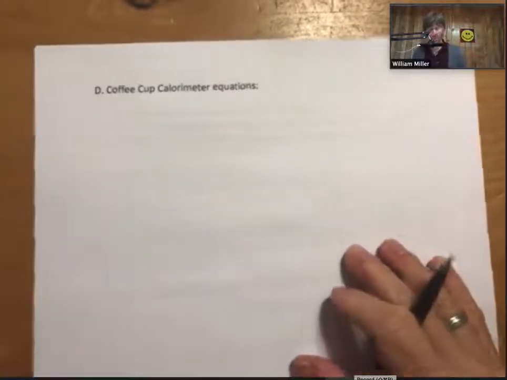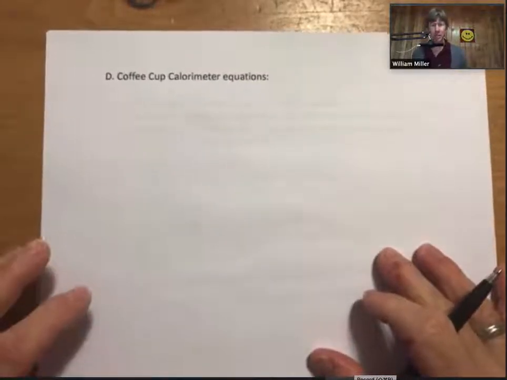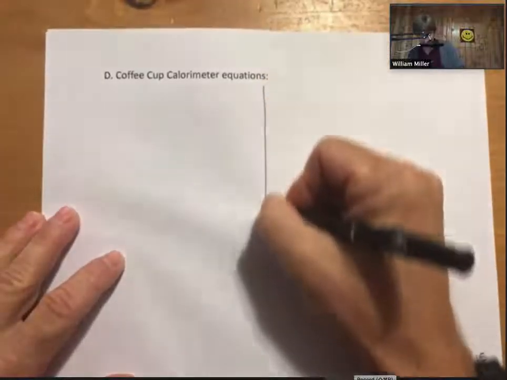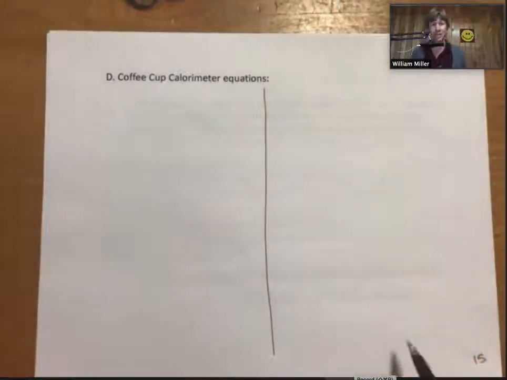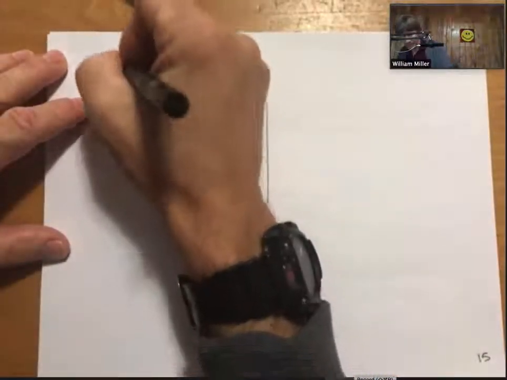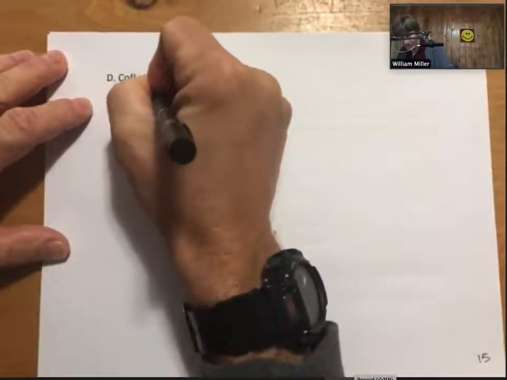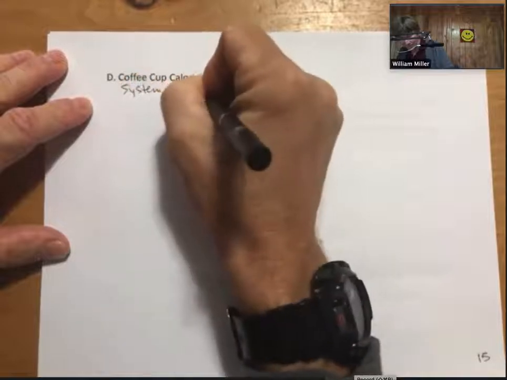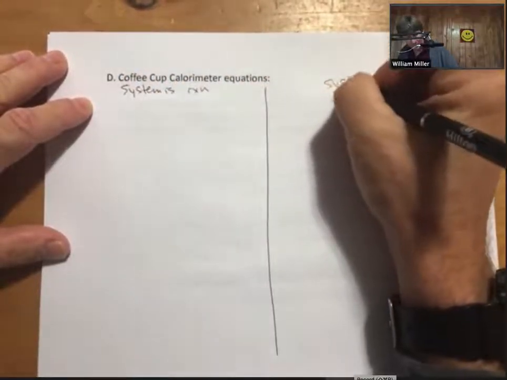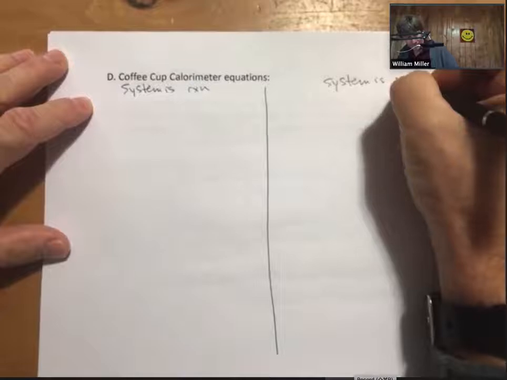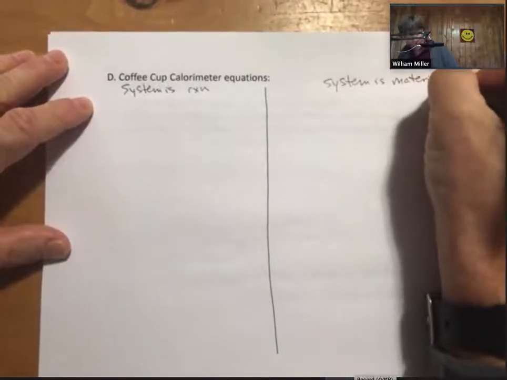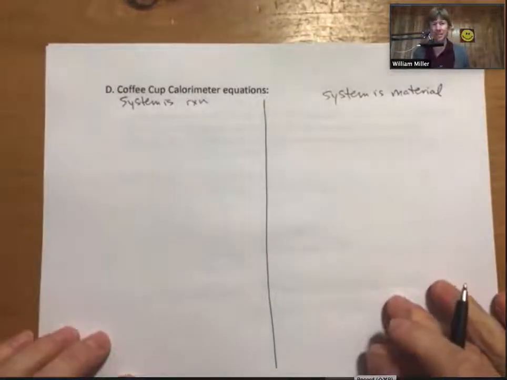All right, so now we have the coffee cup calorimeter equations. I'm going to ask you to draw a line down the middle. We do have 2 cases. We have that the system is a reaction, and we have the system as a material.